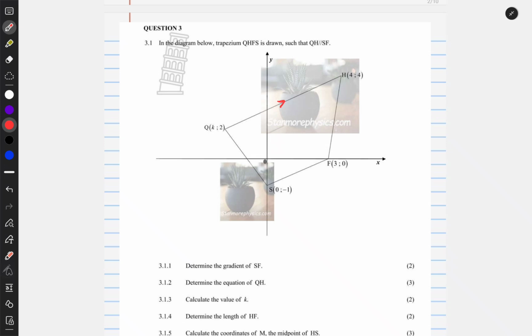One thing that we know about parallel lines is that the gradient of SF is equal to the gradient of QH. That is another clue. It's very important when you approach these exam questions that whenever you see something you are familiar with, you just write it out, because you might need it when it comes to answering the question.